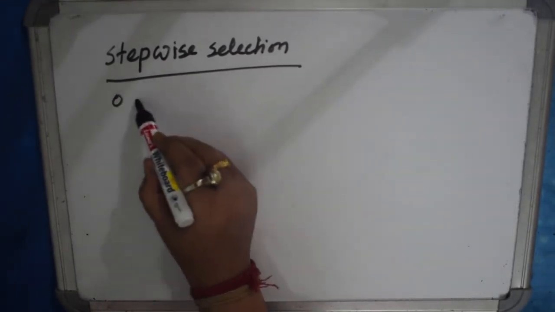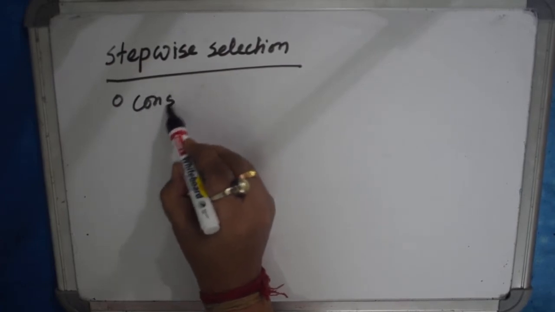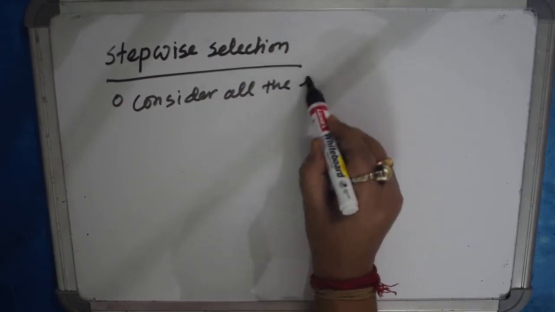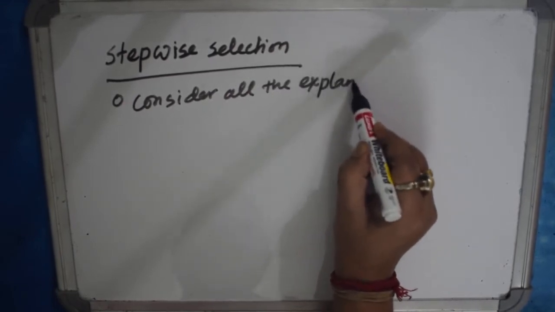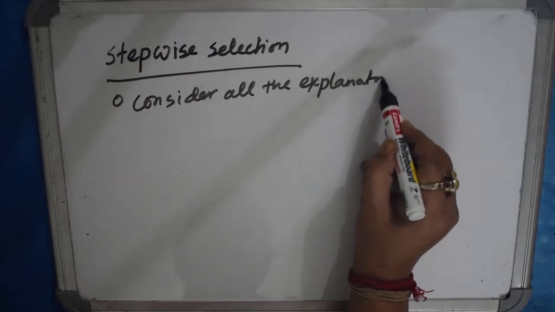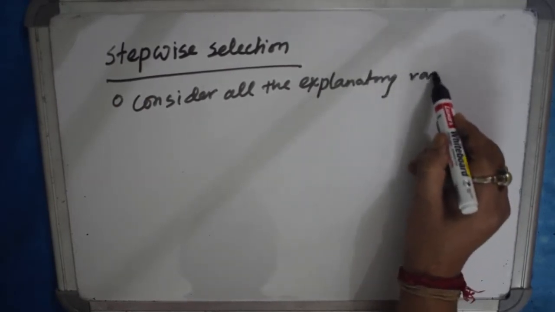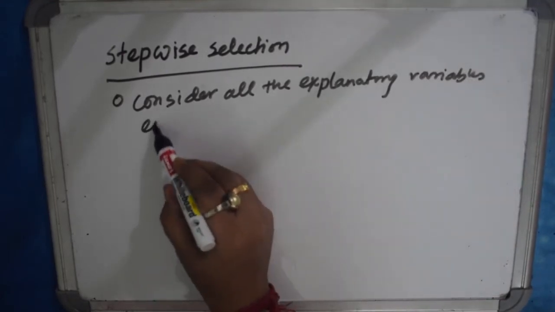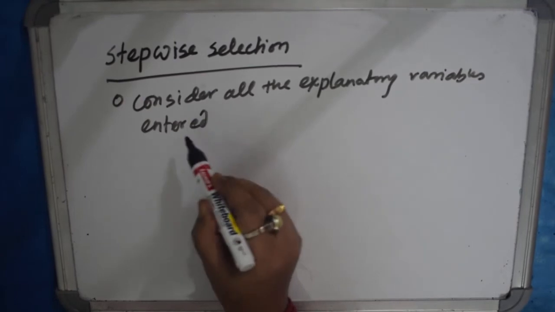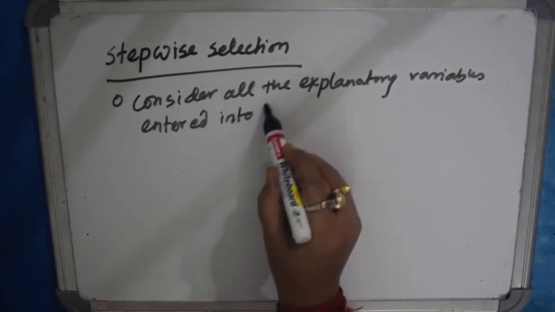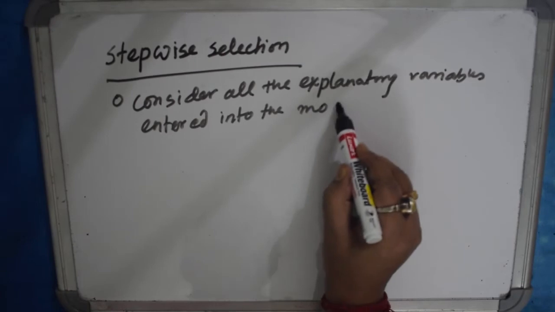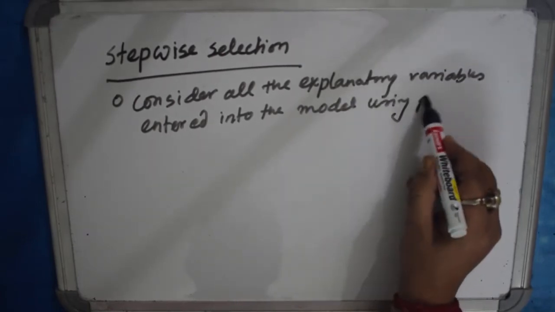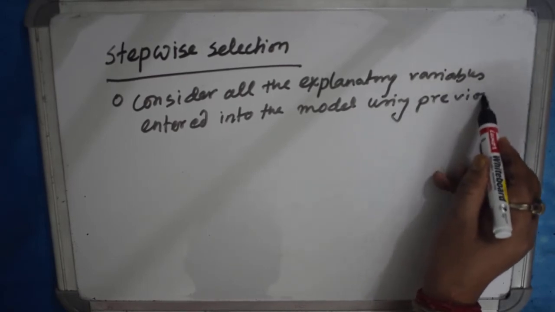So step 1 is to consider all the explanatory variables entered into the model using the previous steps, that is forward and backward elimination.